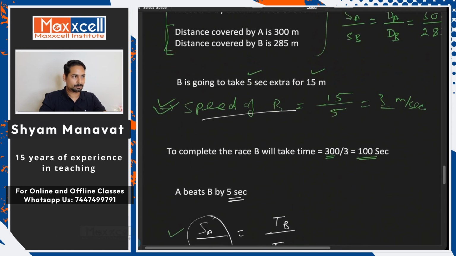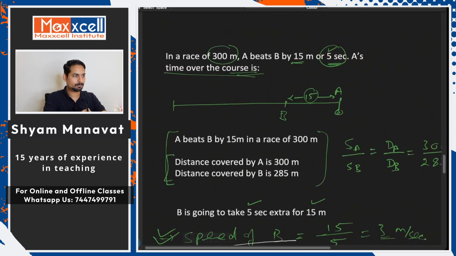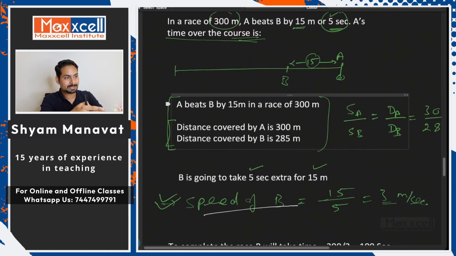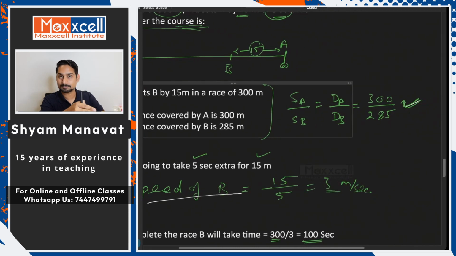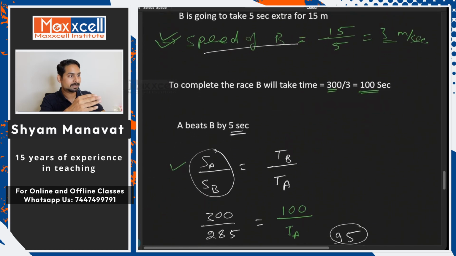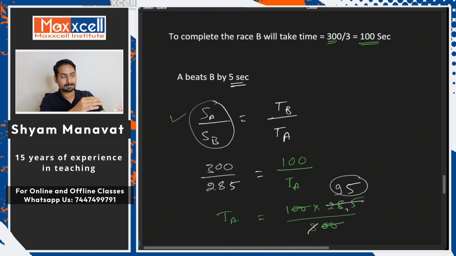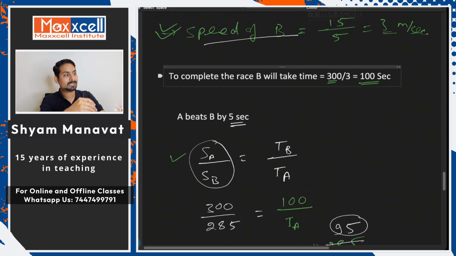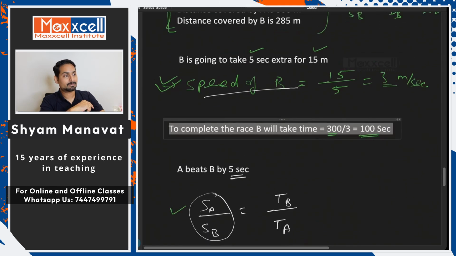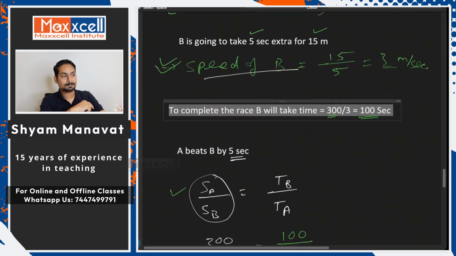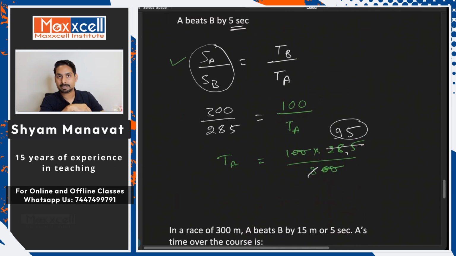If this part is clear, you can rewind the video and go through this part. So what we have done, when we say A beats B by some distance, is calculate the speed ratio equal to the distance covered by A and the distance covered by B. Then when it is with respect to time, speed of A by speed of B equals time of B by time of A. In between we have also calculated the speed of B. And then we calculated the time taken by B, applied the ratio and got the answer.